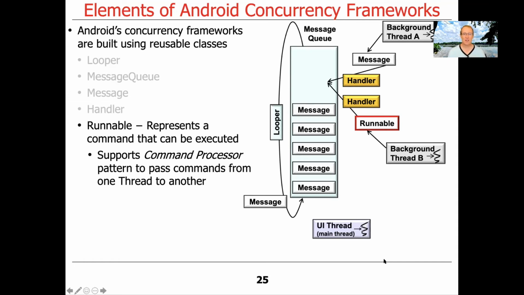The most common way this works is some background thread will create the command and send it through a message queue to a handler, which will then be responsible for processing that command, that runnable, and that is the command processor pattern.